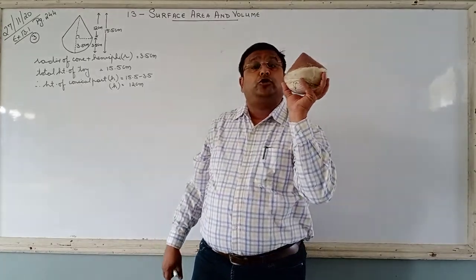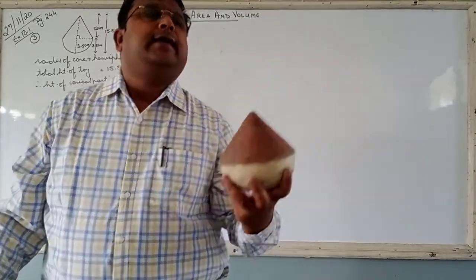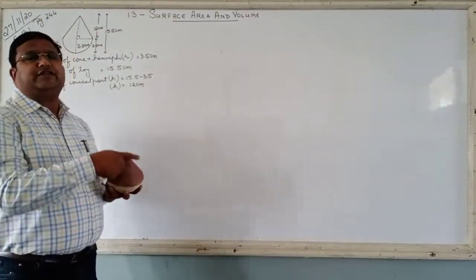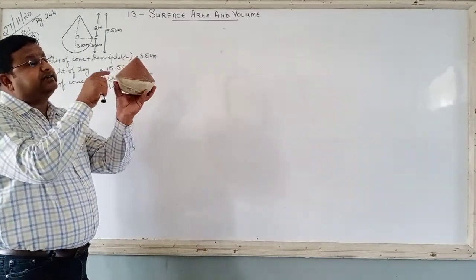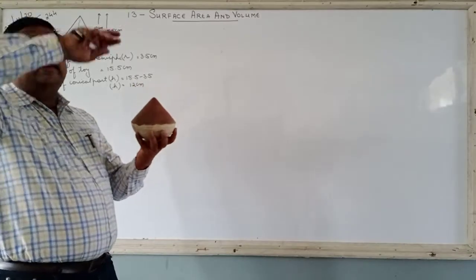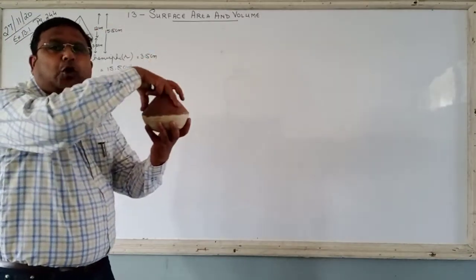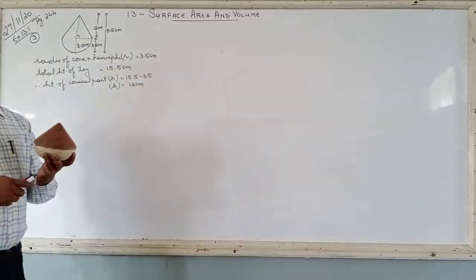So when we talk about the total surface area of the toy, it is not total surface area of cone plus total surface area of hemisphere. Can you see? The surface of the cone is joined to this hemisphere. Correct?